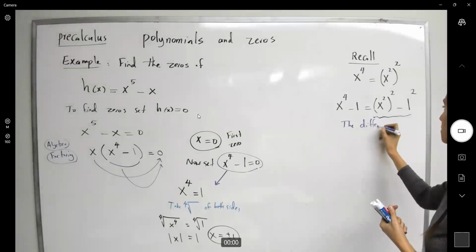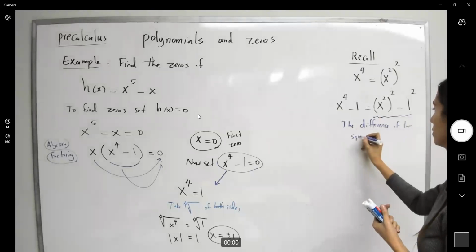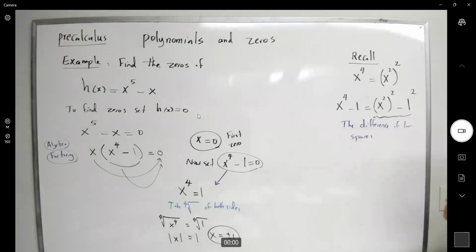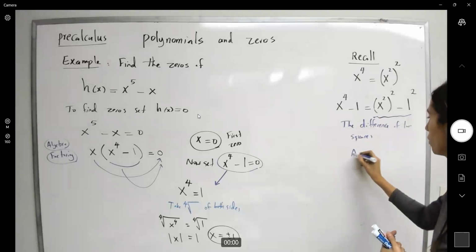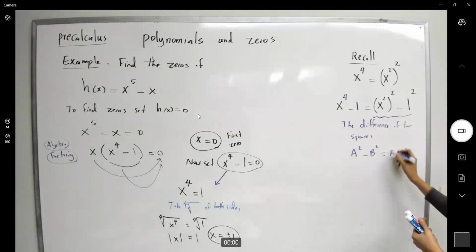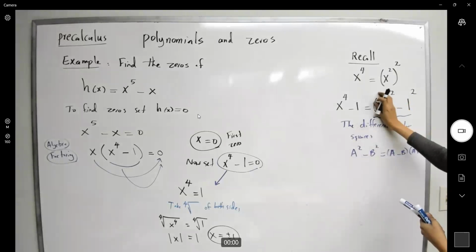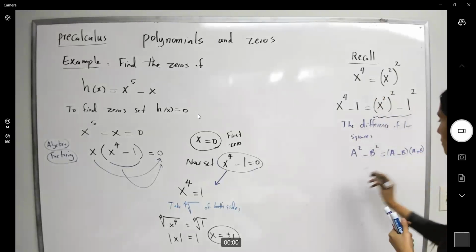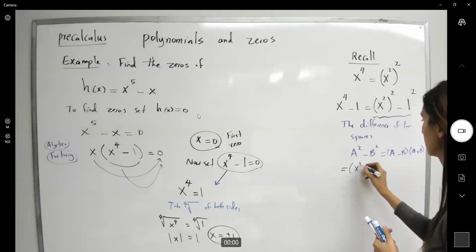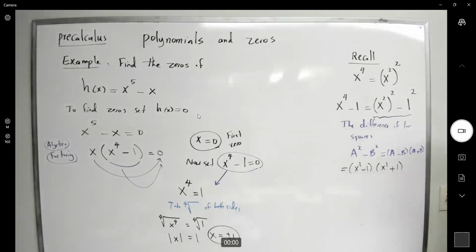The difference of 2 squares, remember, if you have a squared minus b squared, this is a minus b times a plus b. So you get x squared minus 1 times x squared plus 1.